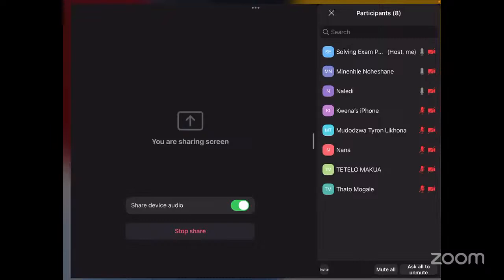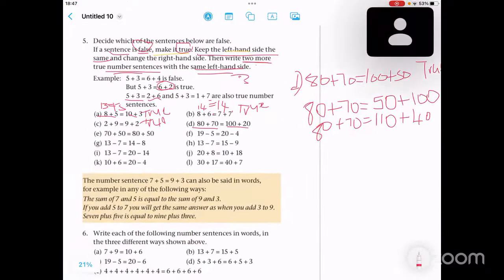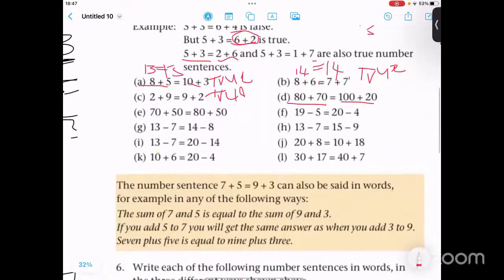Okay, now let's look at another one. Another one we are having here is 70 plus 50 is equal to 80 plus 50. Is this correct? 70 plus 50 is equals to 80 plus 50. Is it correct?